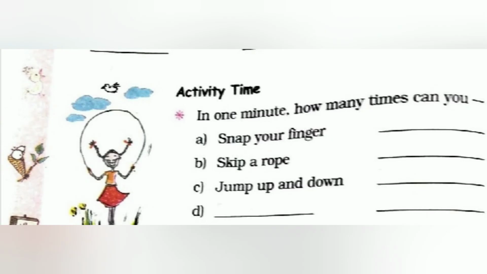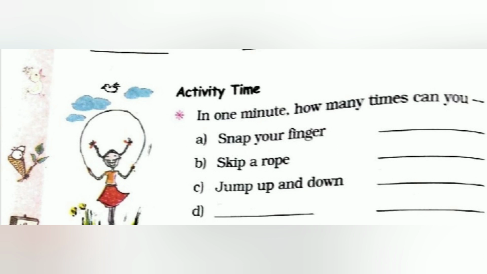Activity time. In 1 minute, how many times can you snap your finger? For me, it is 20 times, or it may vary from 20 to 30 times. Skip a rope. Okay, for me, I can skip 15 times or more than 15 times sometimes. Okay, jump up and down.